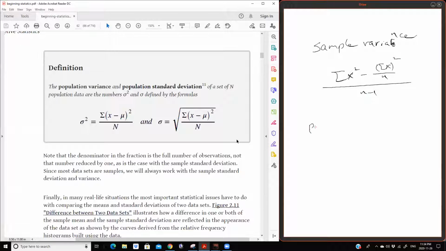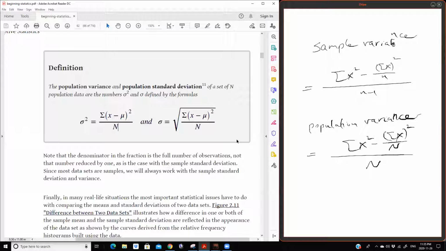But for population variance, and you can calculate population variance only if you have the measurement for all the individuals inside your population, that's going to be sigma x squared minus sigma x squared over n. And at the bottom, you also have n. You don't have n minus 1. Are we good?